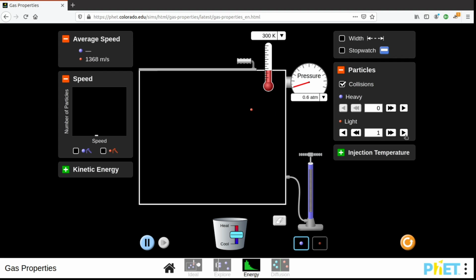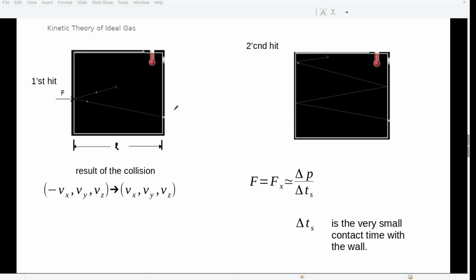Let's consider what happens. The particle comes out here at the pump, travels along till it hits the wall on the left here. The wall exerts a force F on the particle, turning it around in a completely elastic collision, meaning it has the same speed, or conserves energy, coming in and going out.